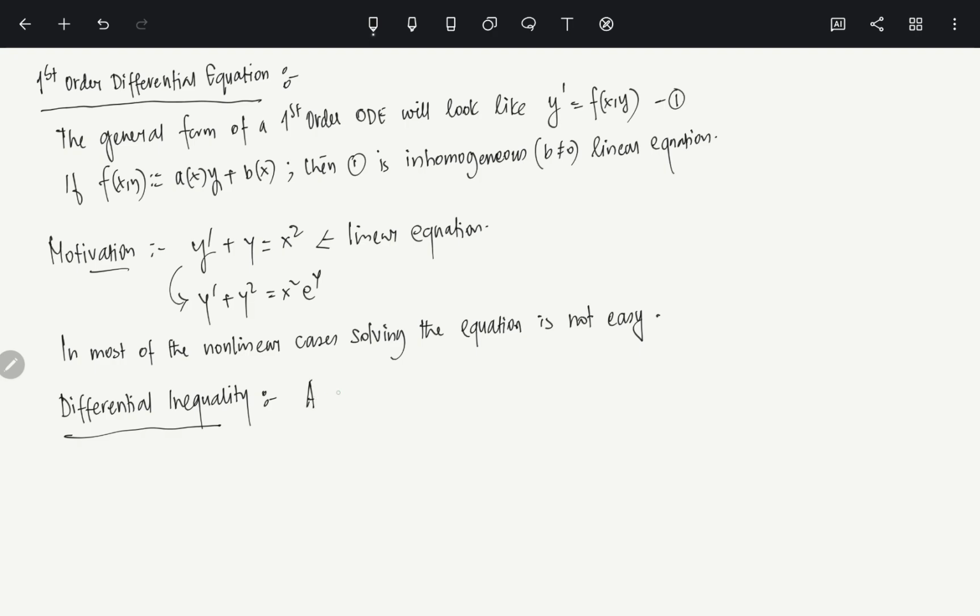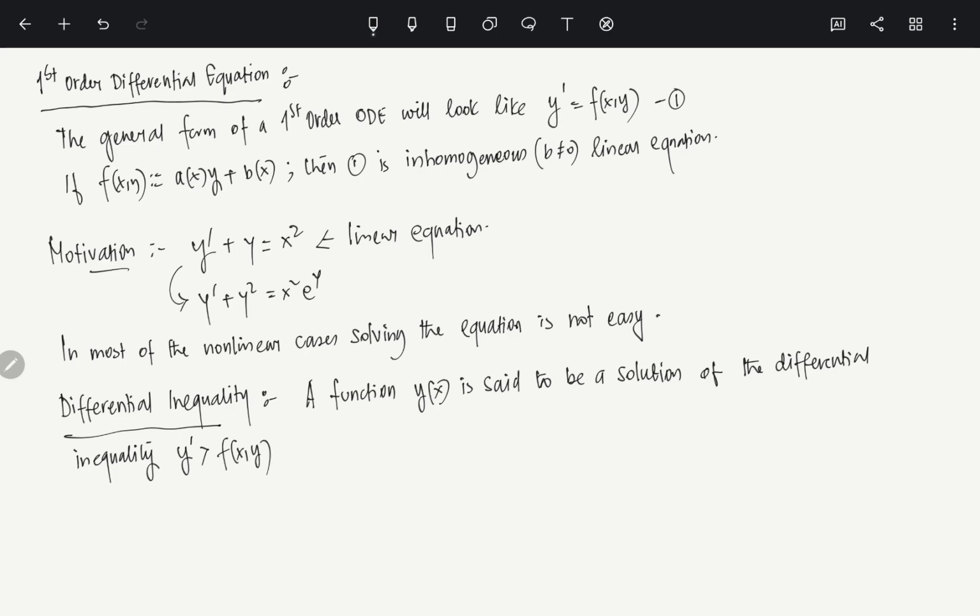Okay, so what is this differential inequality? Let's say a function y of x is said to be a solution of the differential inequality y prime greater than f of x, y in this interval, let's say x naught plus or minus a, if y prime of x exists in this interval.